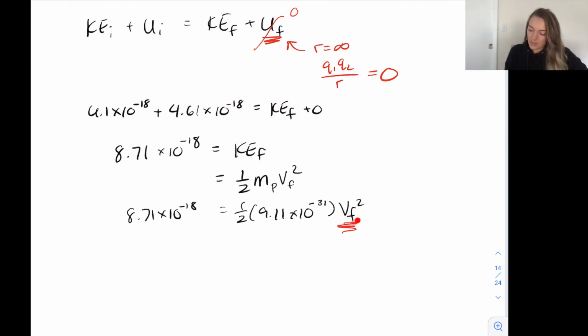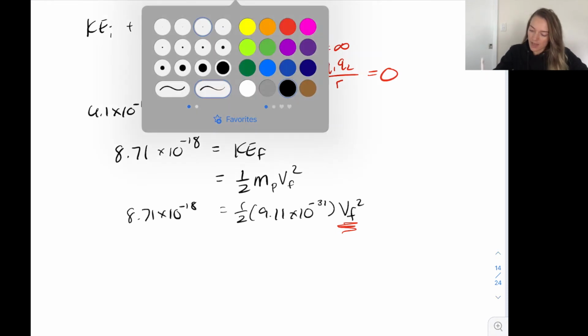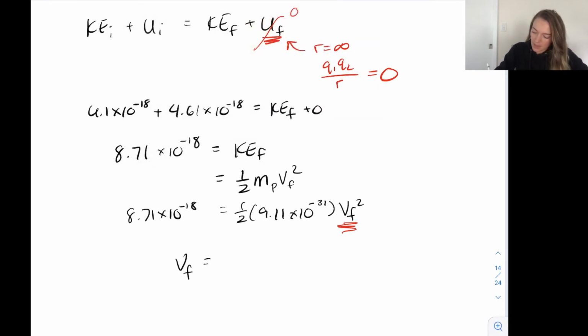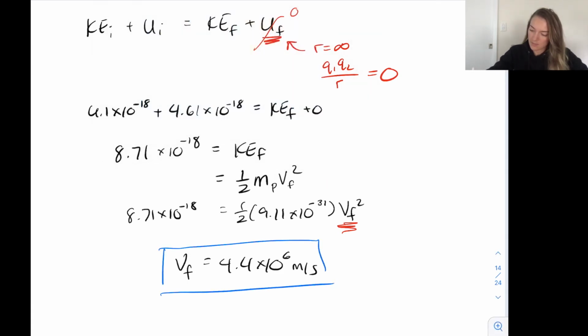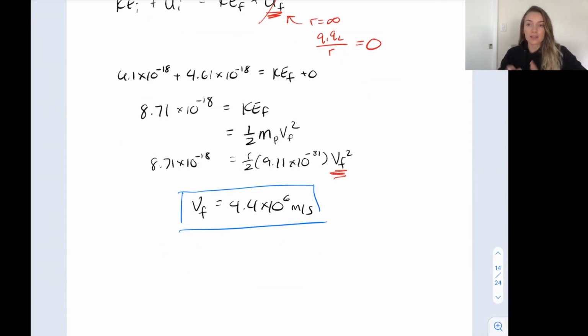So get VF by itself, take your square root, and you will get for that the final velocity is 4.4 times 10 to the 6 meters per second. Okay, so this is the final velocity it reaches once they're infinitely far apart.